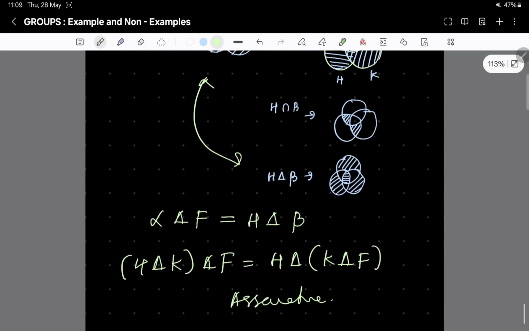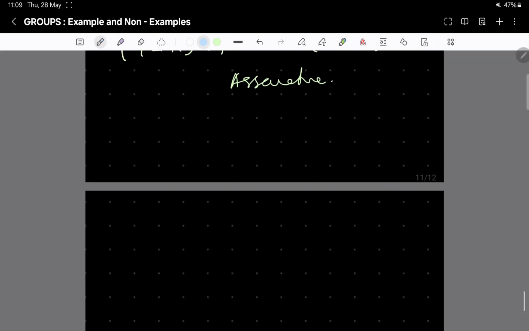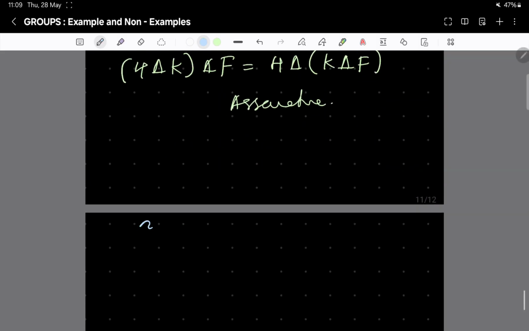So these are the examples. Now if you go for some non examples, I will quickly recap them. What do you mean by non examples of groups?